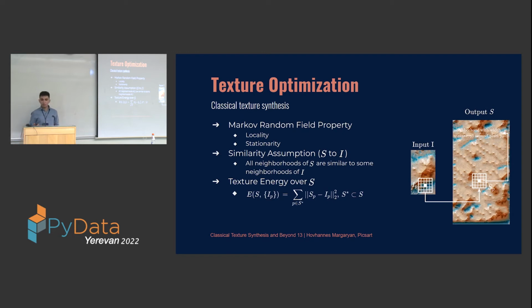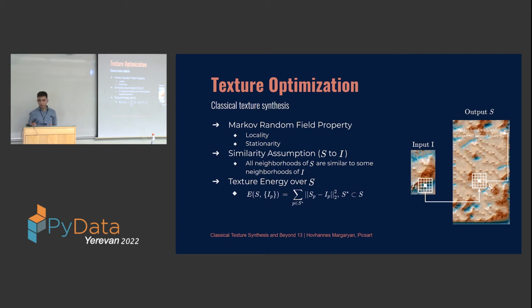Second, let's also assume that if all neighborhoods of the output texture S are equal to some of the neighborhoods in the input texture, then the output texture S is considered similar to the given input texture. Next, we formulate the texture synthesis procedure as an optimization of an energy function.